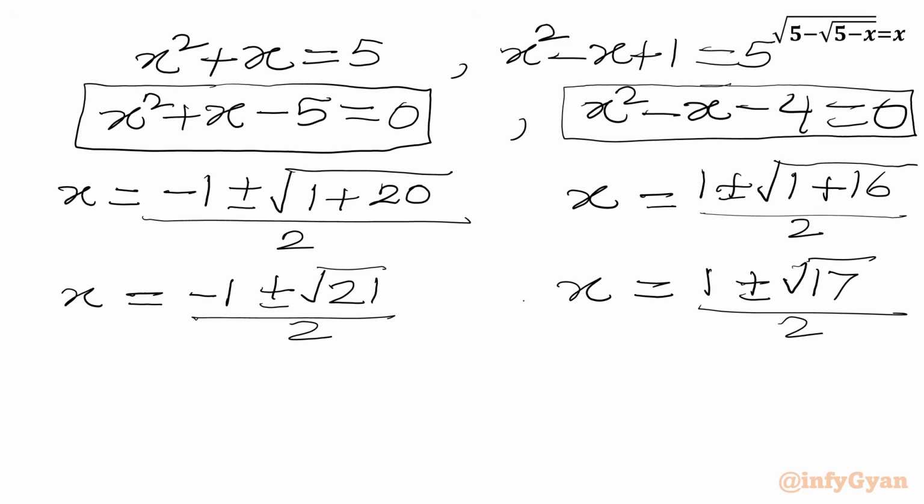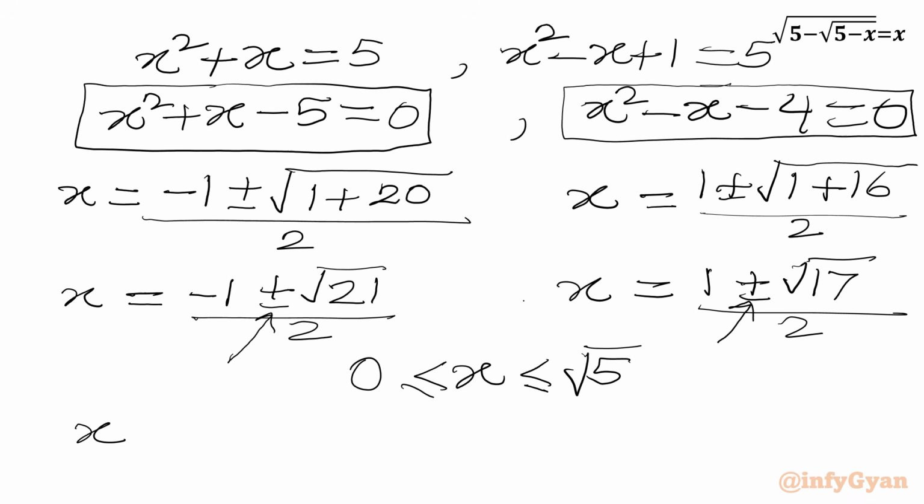Now we will reject minus from here because x is lying in the interval 0 and plus square root 5. X should be positive, less than square root 5. So x negative cannot be accepted.